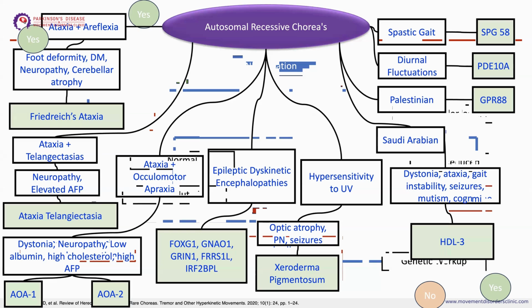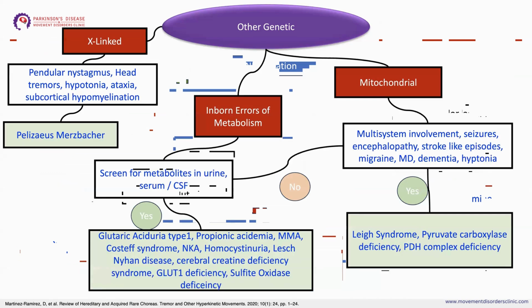in consideration for spastic gait, or if the patient is of Saudi Arabian descent, possibly you are looking at HDL3, or for example, if you have ataxia, areflexia, chorea with foot deformities, diabetes, neuropathy, cerebral atrophy, you can consider Friedreich's ataxia as a presentation. Thus, this is a glimpse to understand those things.